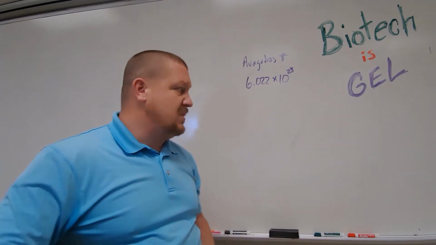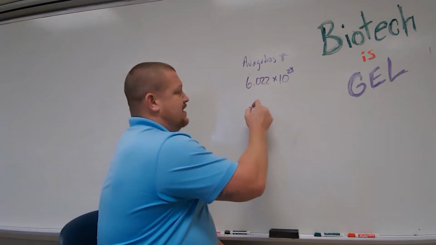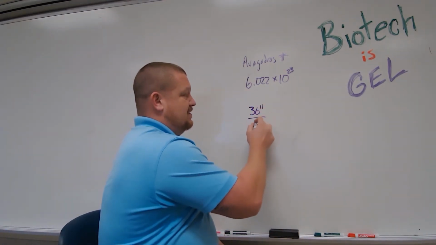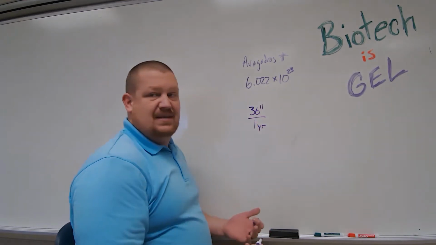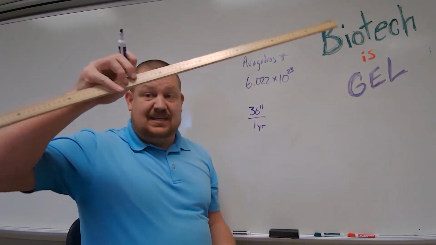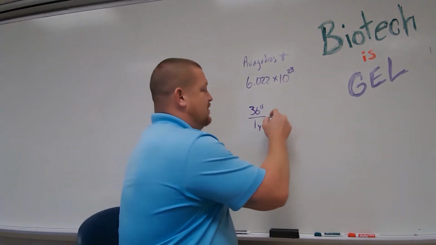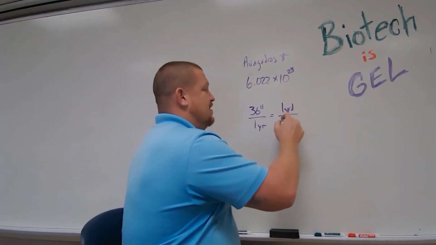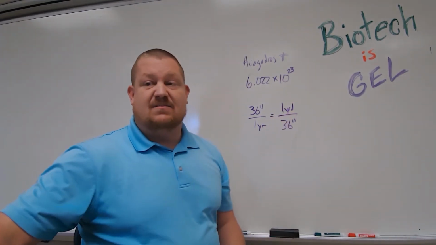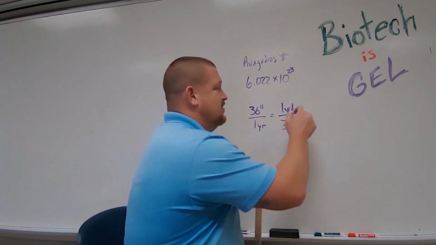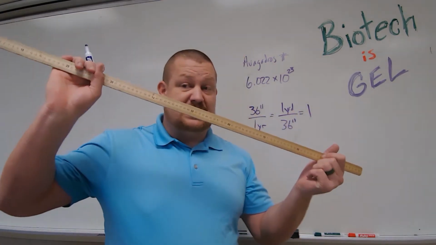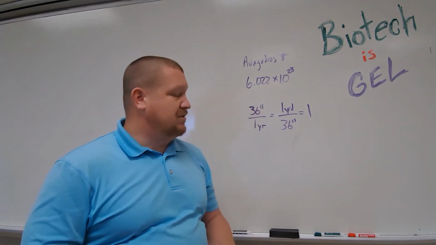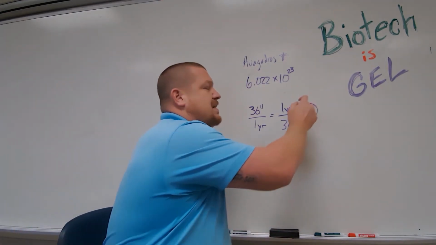It doesn't matter if you write it 36 inches over 1 yard, it's still 1 stick. Or 1 yard over 36 inches, it doesn't matter. It's still 1 yardstick. So conversion factor, your answer to that is 1.